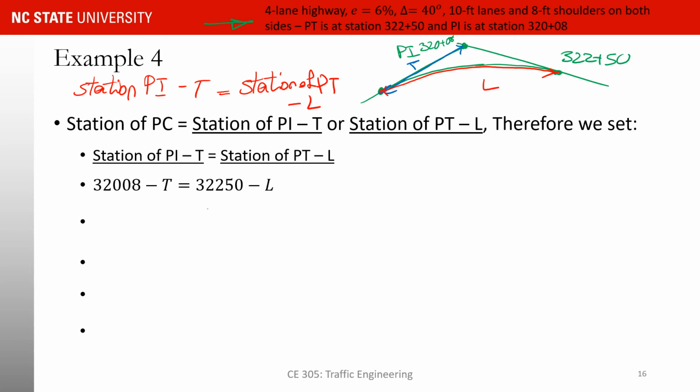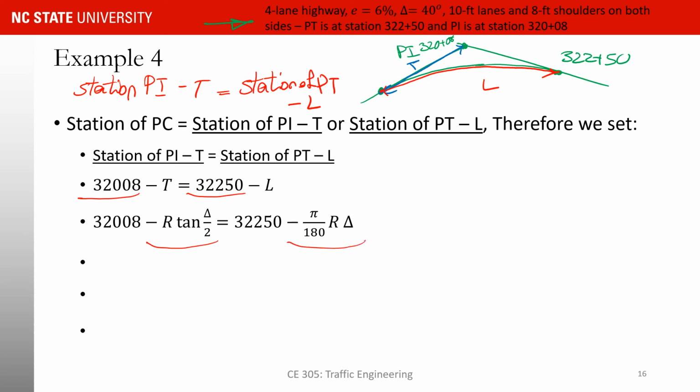So I can say the station of PI, and I'm writing it now in feet, minus T is equal to station of PT minus L. For T, I'm going to replace it with R times tangent of delta over 2. For L, I'm going to substitute that with pi over 180 times R times delta. Delta is given to me.